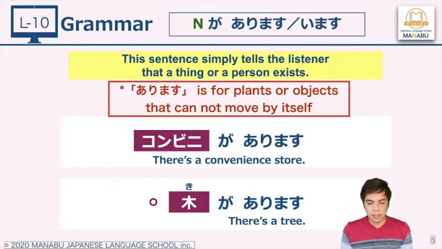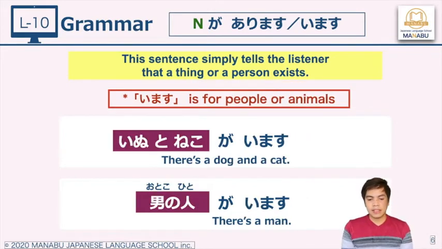Next example, ki ga arimasu. Ki, which means tree, and attach the particle ga, and then the verb arimasu. There is a tree. Now, for animate things or living things, we will use imasu. So imasu is for people or animals.